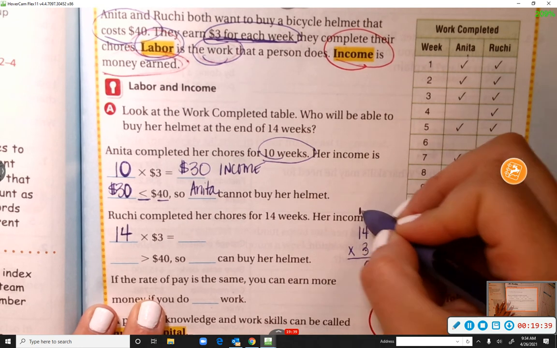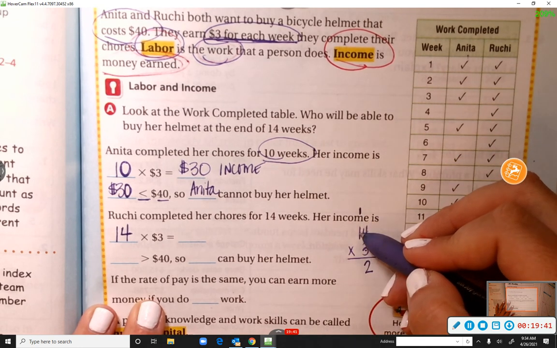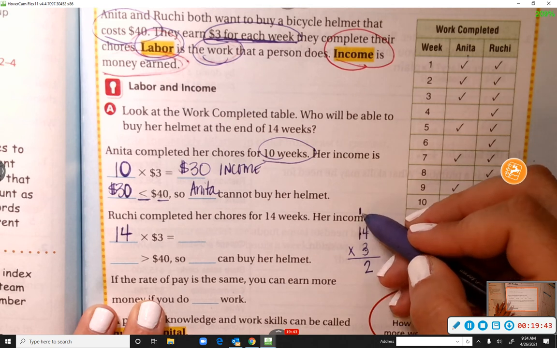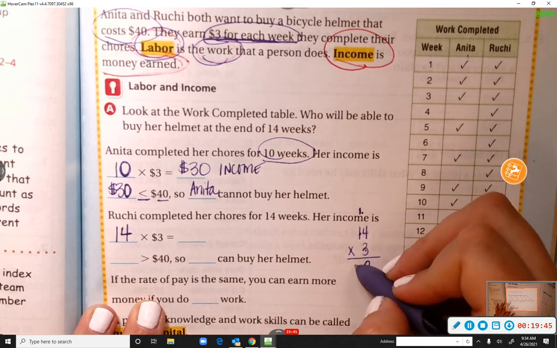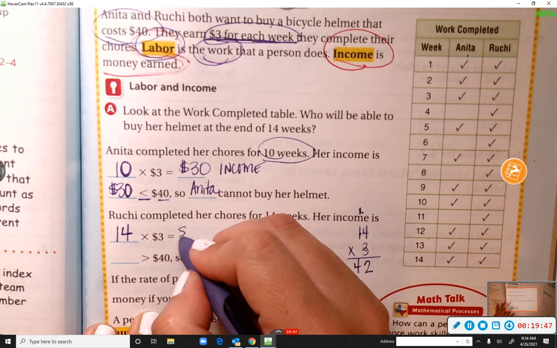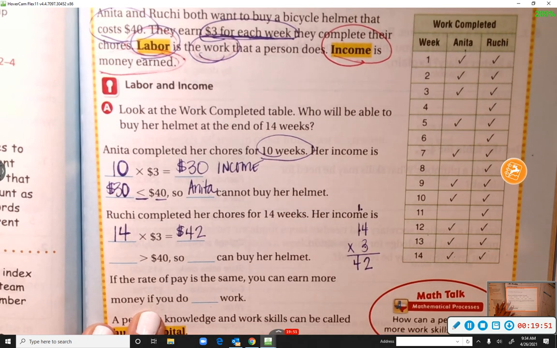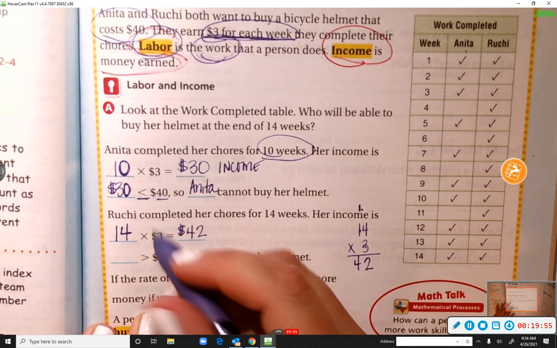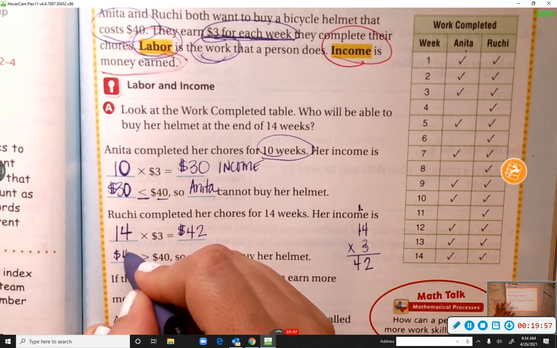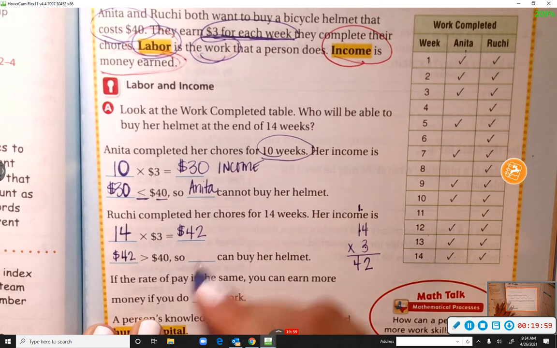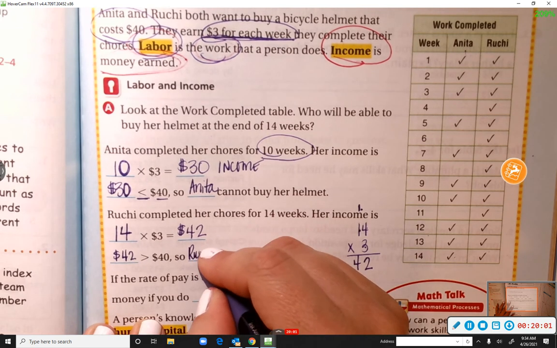Carry the 1. 3 times 1 is 3, plus 1, 4. $42. Will she have enough? Yes. Will she have enough, Bryson? Yes, because $42 is more than 40. I thought it was $60. Okay? So Ruchi can buy the helmet.